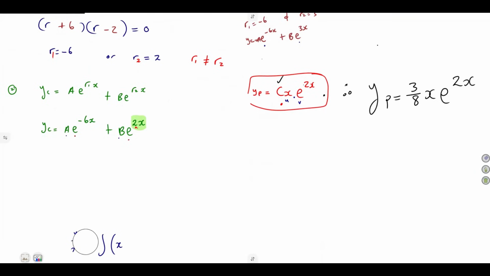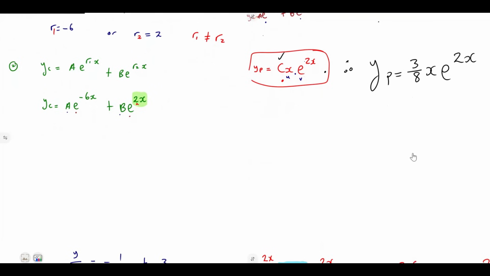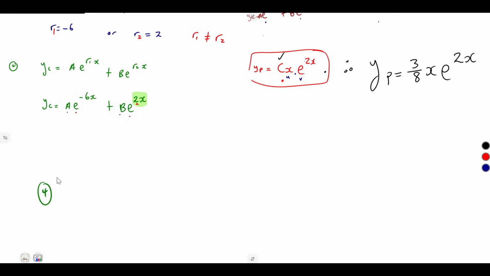With the complementary function that we obtained before, we can combine these two to form what we refer to as the general solution. So the fourth step is to find the general solution. Our general solution is a combination of these two, the complementary function and the particular integral.